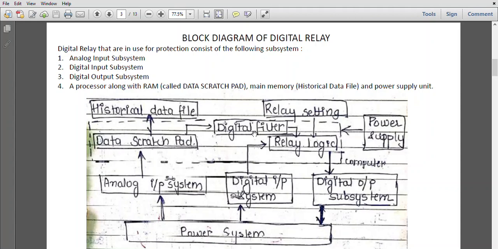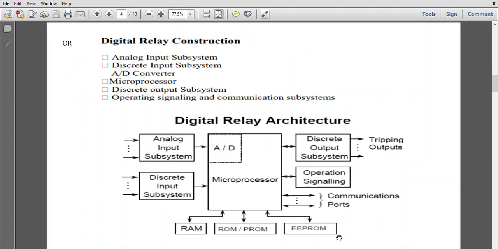As the desired output of the digital relay is received, the circuit breaker performs the required operation. Here, another picture depicting the digital relay construction is similar to the one described earlier.